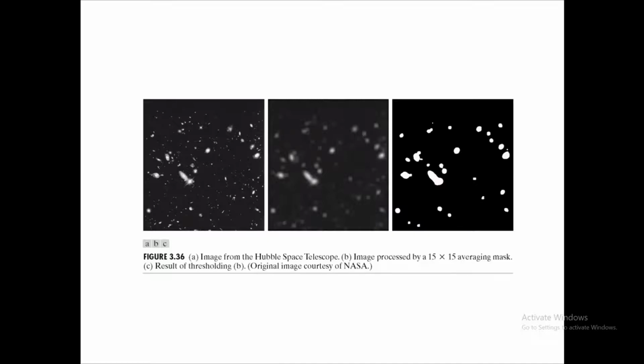We'll discuss the thresholding operation in subsequent classes, but for now let's just focus on the averaging mask, or just the smoothing filter. Here we get the smooth version of the image by using the 15 by 15 averaging mask, and we can see the image is blurred as compared to the original image.